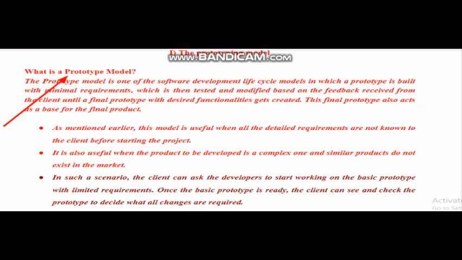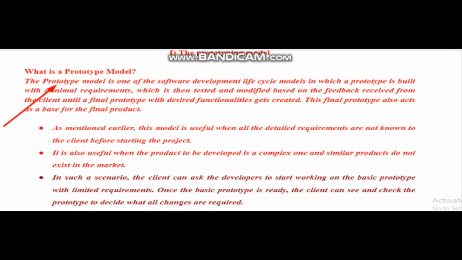Usually prototypes are made when the information about the system is very little, or the requirements that have been collected about the system are very minimal. In this type of model, we start development with the minimum requirements and develop an initial model.